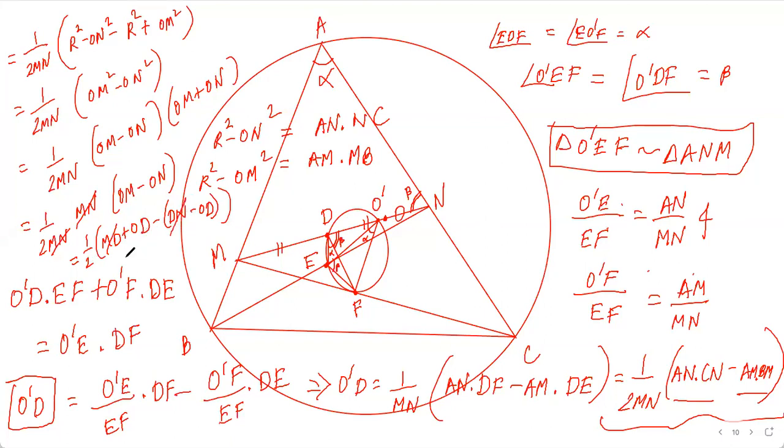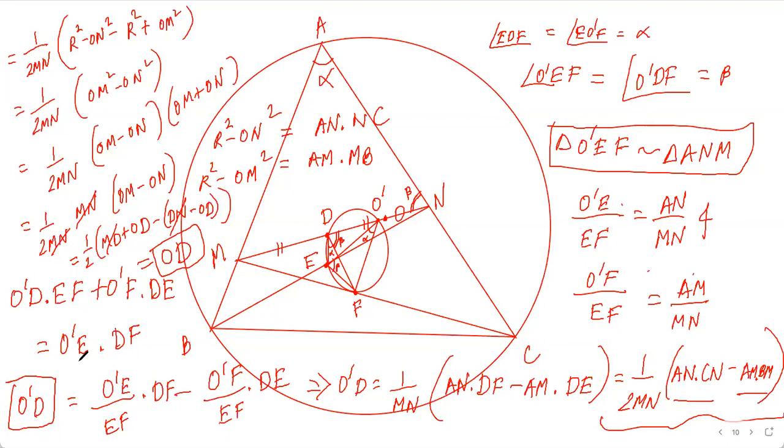And I have a half outside. So this is basically boiling down to OD. And so I have O dash D is equal to OD. And that's not possible unless they are equal. So O and O dash coincide.